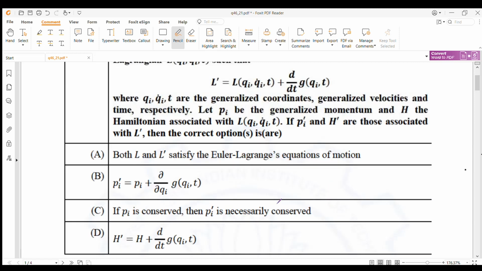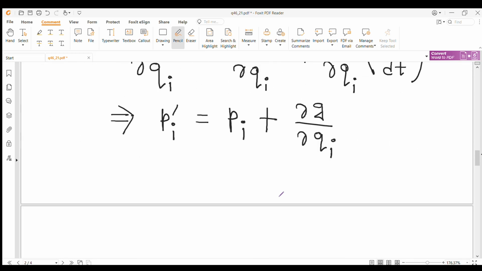In option B, it has been given that p prime is equal to p plus ∂g/∂q. So option B is correct.